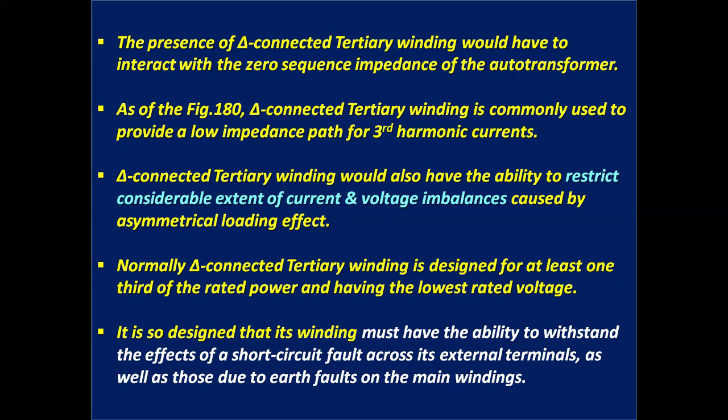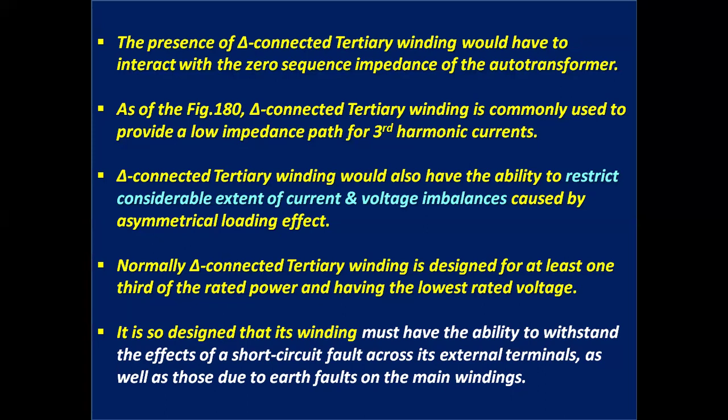Delta connected tertiary winding would also have the ability to restrict a considerable extent of current and voltage imbalances caused by asymmetrical loading effect. Normally, delta connected tertiary winding is designed for at least one-third of the rated power and has the lowest rated voltage.